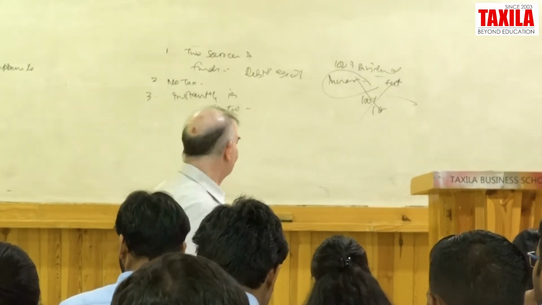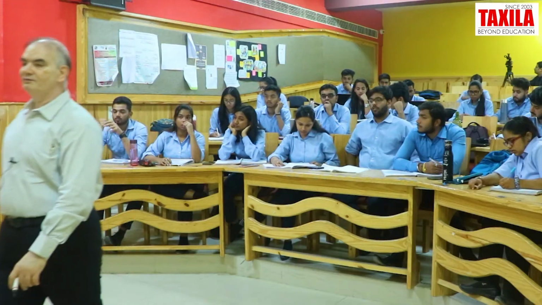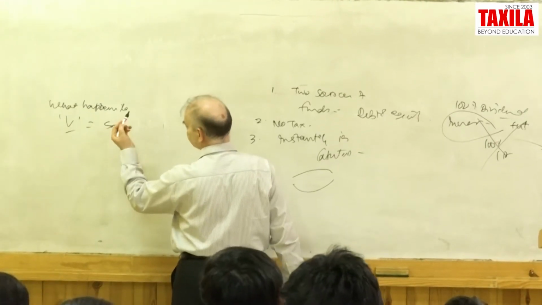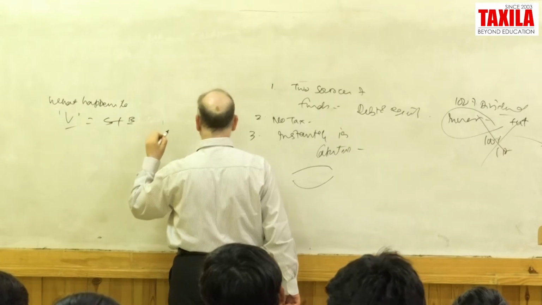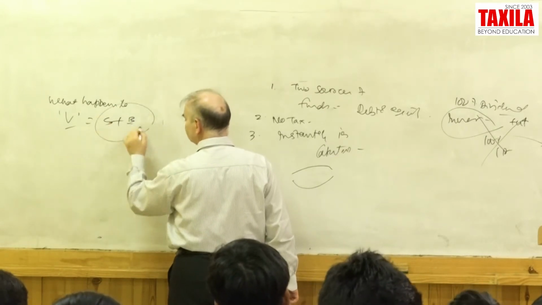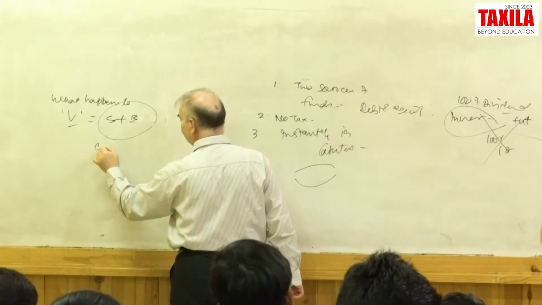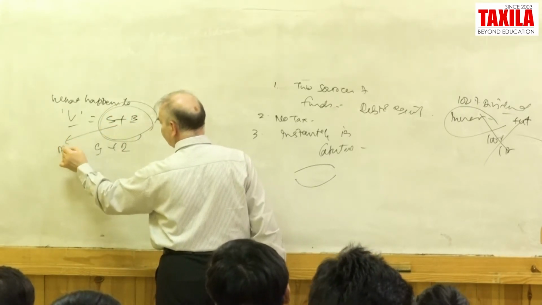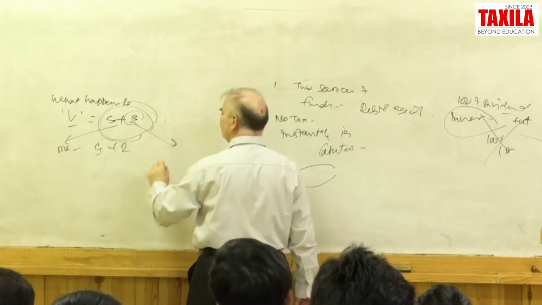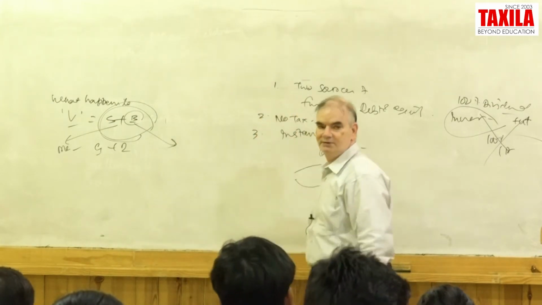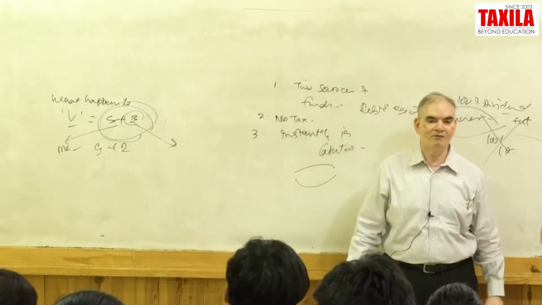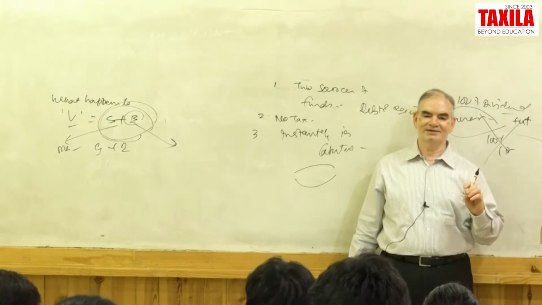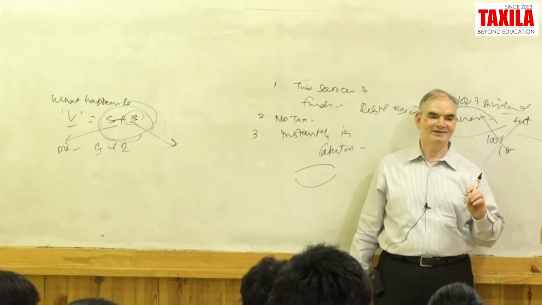So if you remember, we have defined this V as S plus D. You have different notations. It can be equity plus debt, or some say S is the market value of shares and B is the market value of bonds. All right. This is called value of the firm.